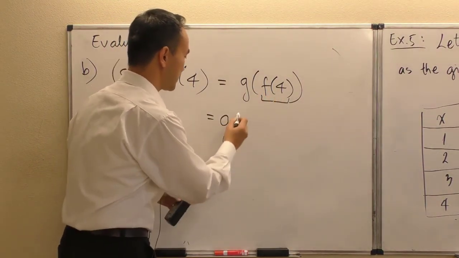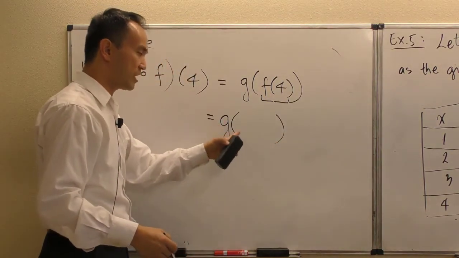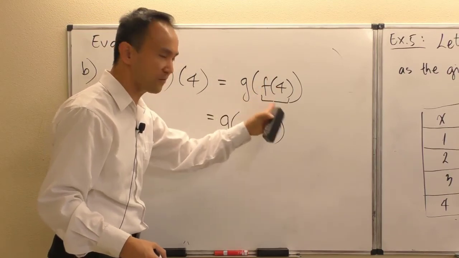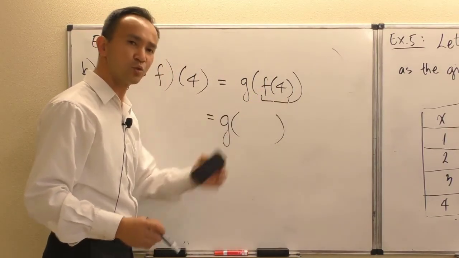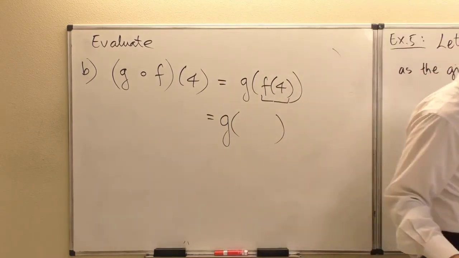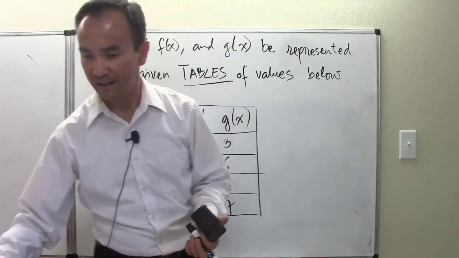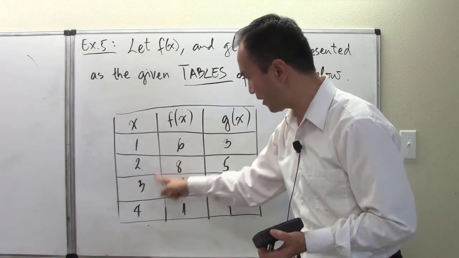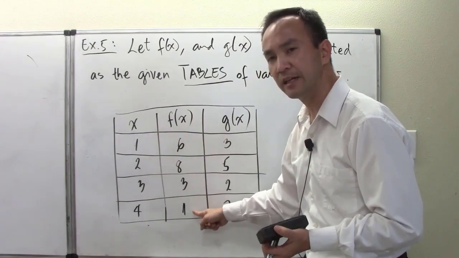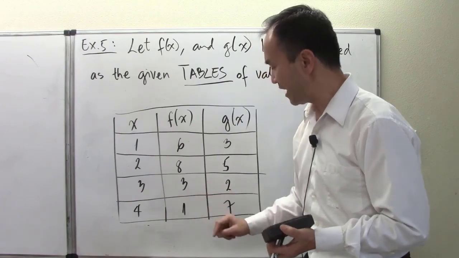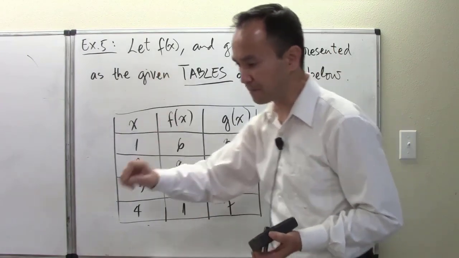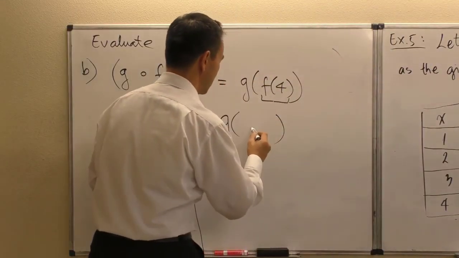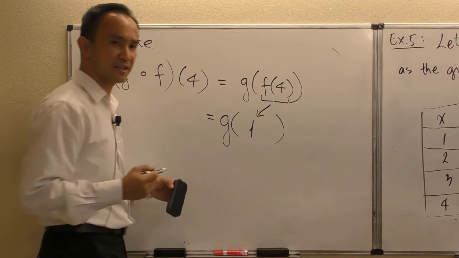In the next step I'm going to write g of, waiting for the output value that comes out from f of 4. With the table, when the input is 4, the output for f is 1. So I put this value in the empty parentheses, and that becomes g of 1.